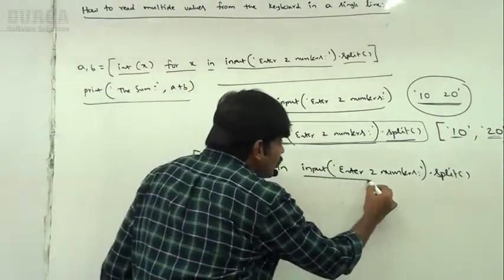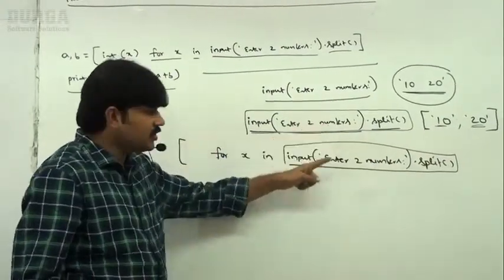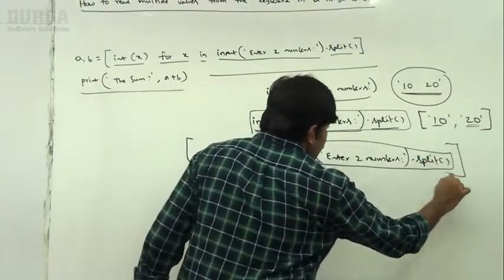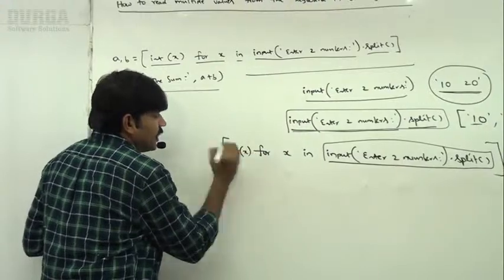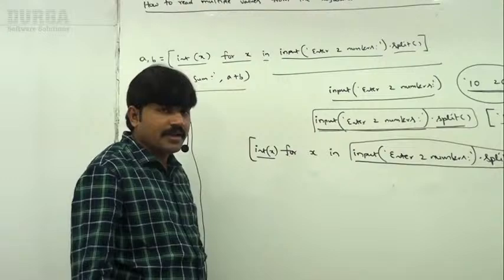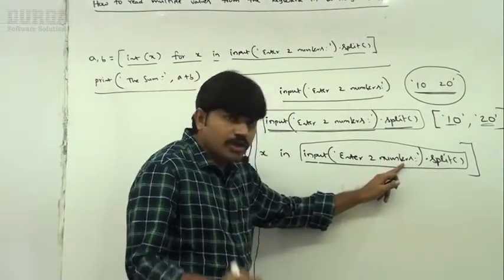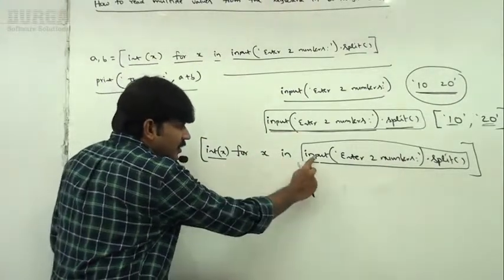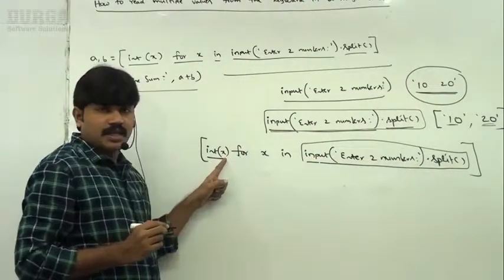Do you know that input("Enter two numbers").split() is a list? I just now explained the list. For each x in this list, what you have to do is int of x. Can you please typecast to int type? So first we read the string and split it into multiple values, and every string present in this list, we typecast to int type.